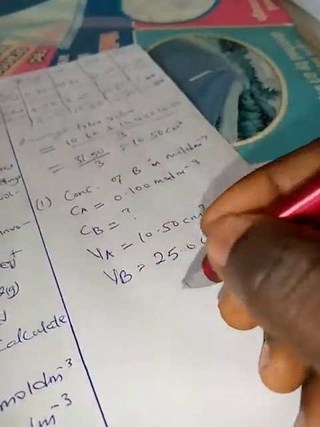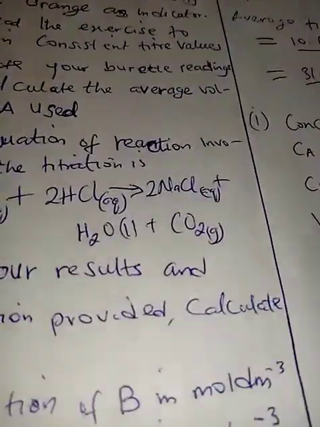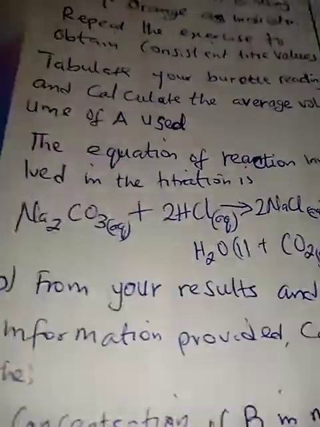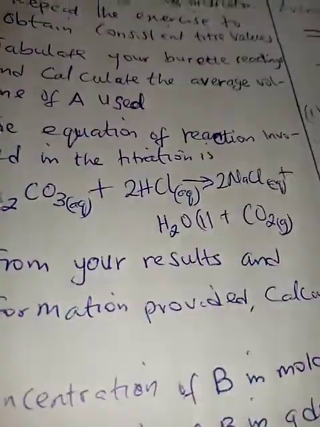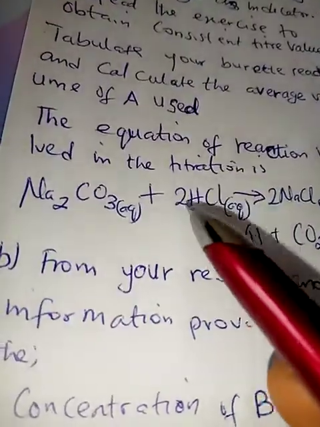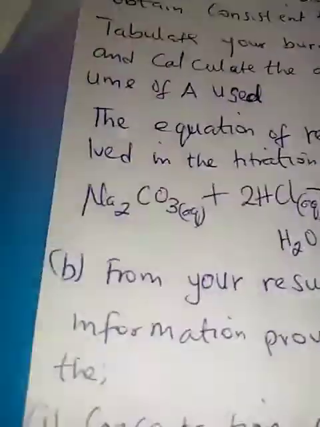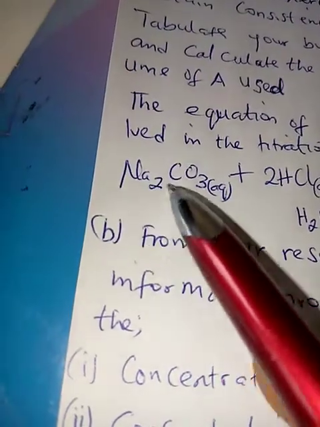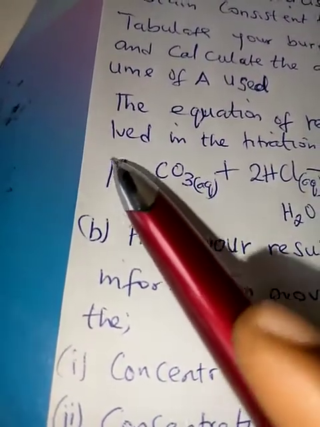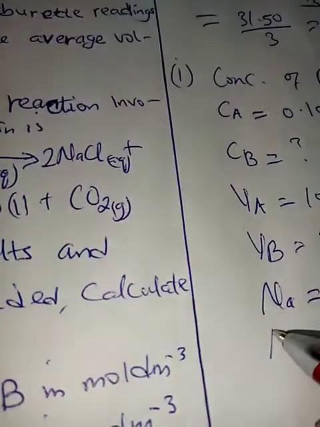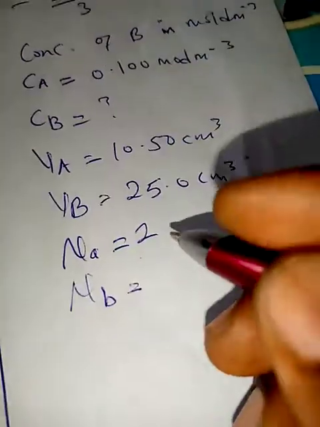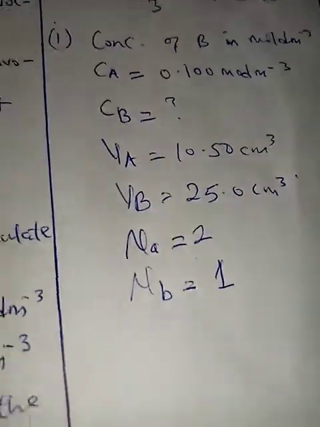Then now we are going to look at the mole ratio. The mole ratio of the acid Na, now this is the acid, the coefficient of HCl here is 2. So I have Na is 2. Then I look for the coefficient of the base. This is the base. It's just 1. So Nb is equal to what? 1.